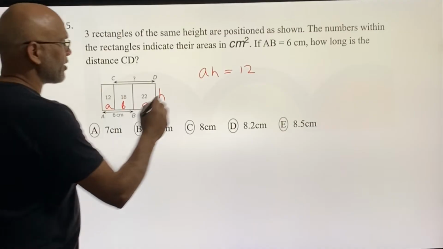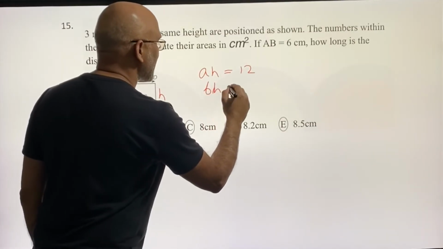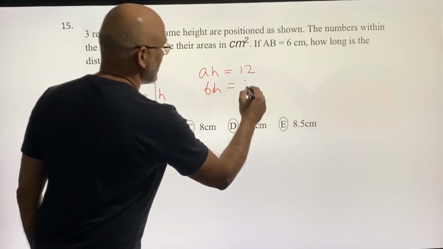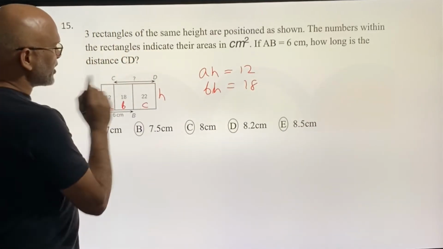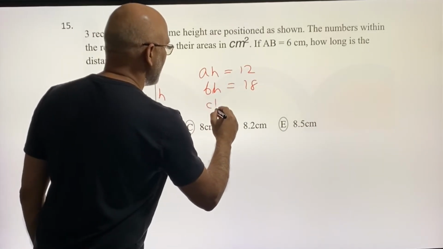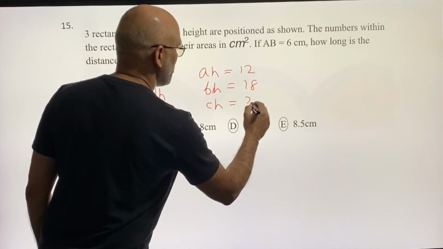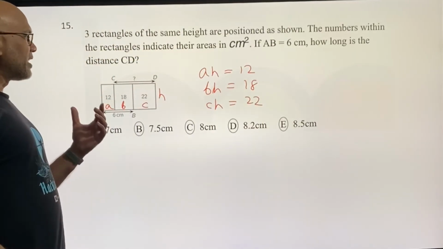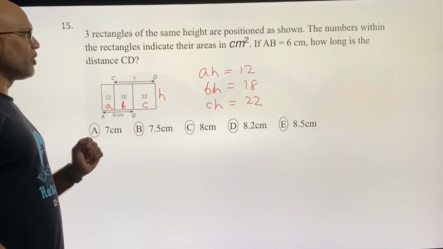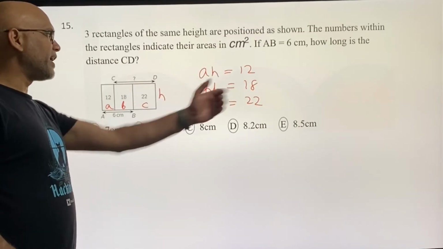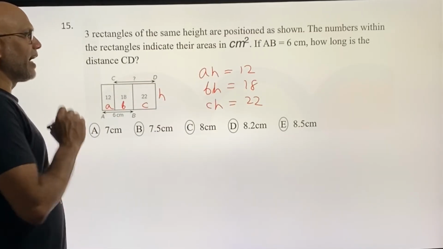Similarly, for the second rectangle, B times h is equal to 18. For the third rectangle, C times h is equal to 22. So the three areas are given to us, and we are expressing the area in terms of base and height.